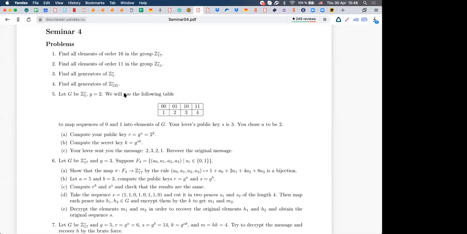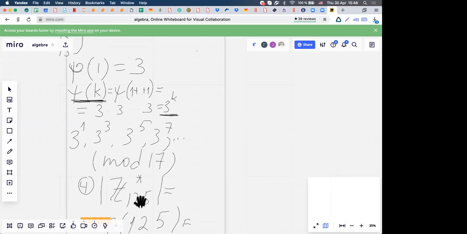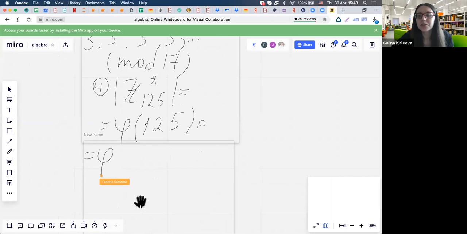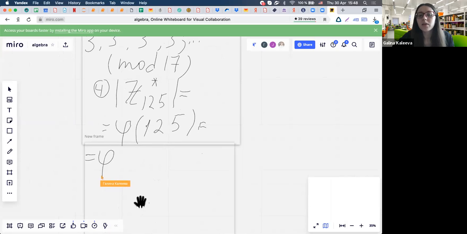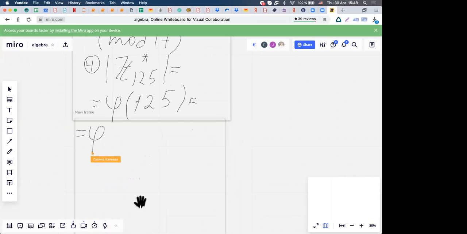We used some formula in our discrete math course for the totient function, and is it okay if I Google it? Oh, wait. We have to find the totient function for which element? 125, because this is the order of our group. It's very simple.